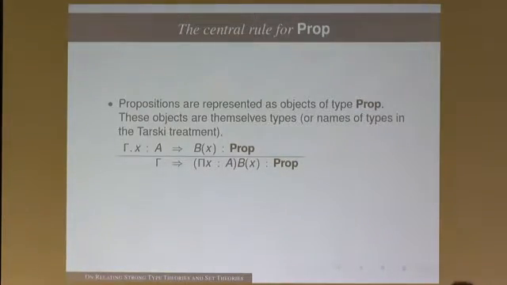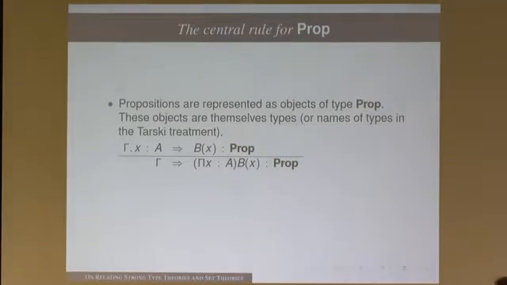And this rule is somewhat surprising even from a classical point of view. Why is it surprising? Well, there's no restriction on this type A whatsoever. So you have a type universe and you have this type Prop, but then you build stuff on top of Prop.